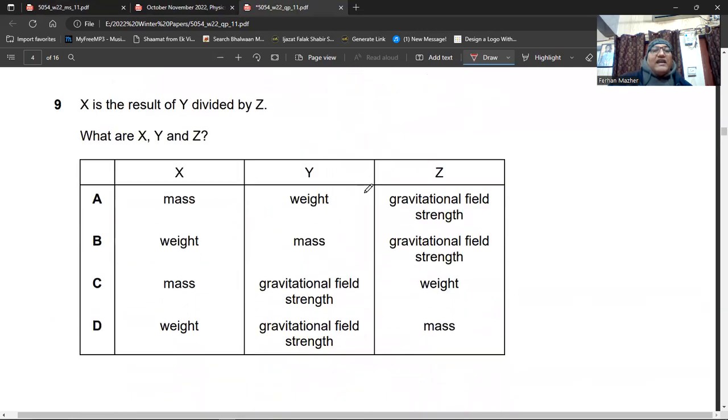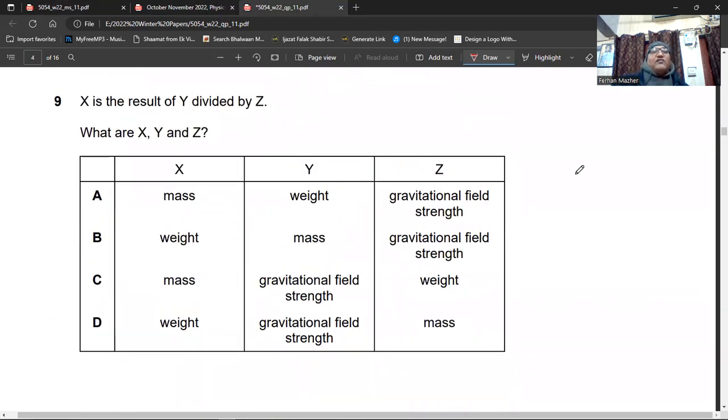Okay, question number 9, he says X is the resultant of Y divided by Z. So Y divided by Z is equal to X. What are X, Y, and Z? Okay, so mass. What does this mean?